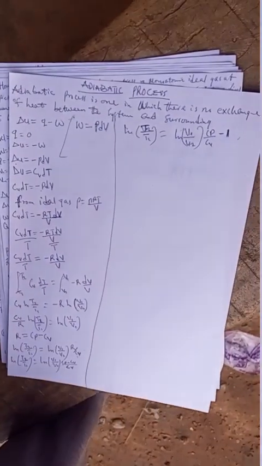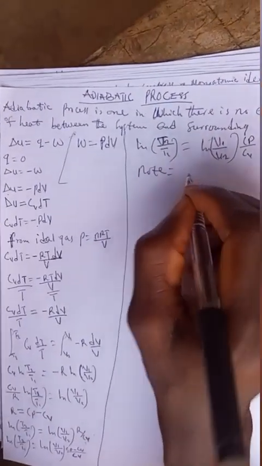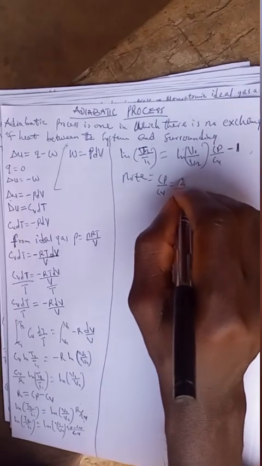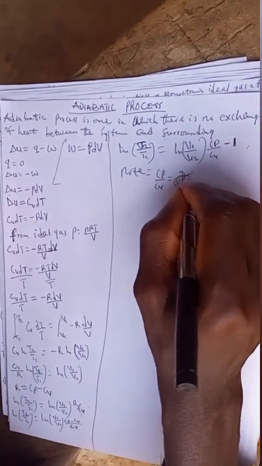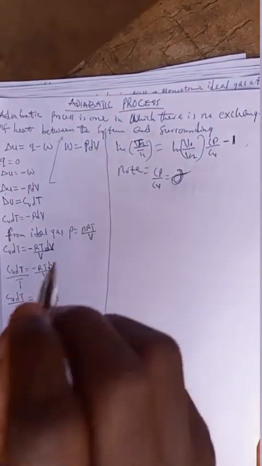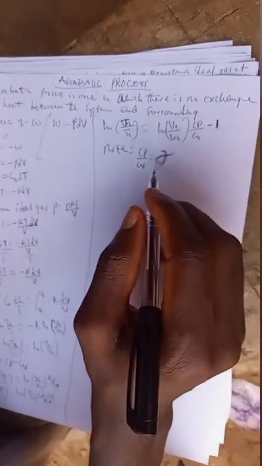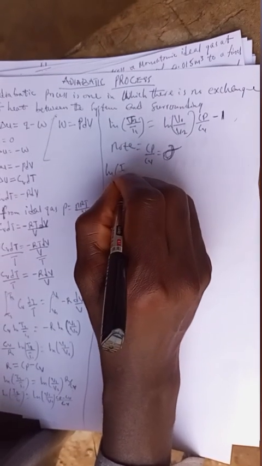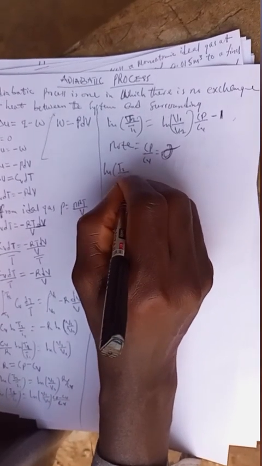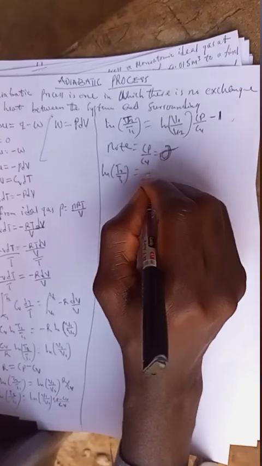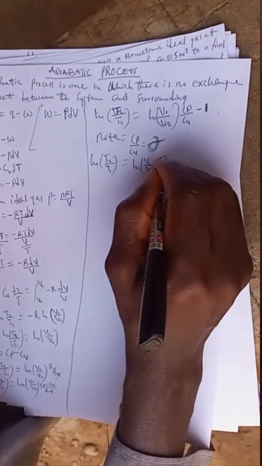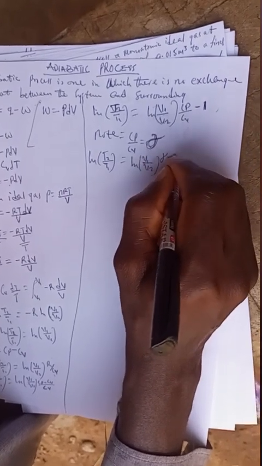So now, there's another thing you have to keep in mind again. Note that CP over CV is equal to this, gamma, named by one of the scholars, John Thomas something. So this will now be ln T2 over T1 is equal to ln V1 over V2, then this gamma minus 1.